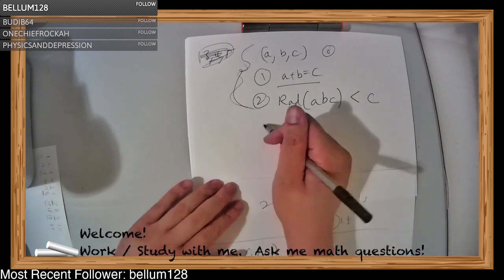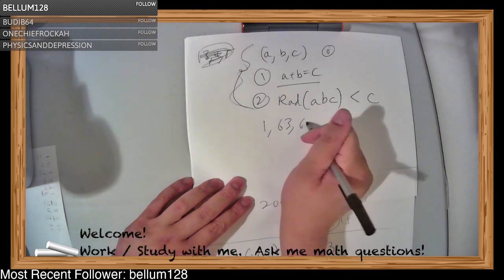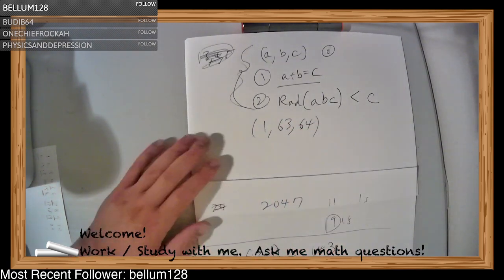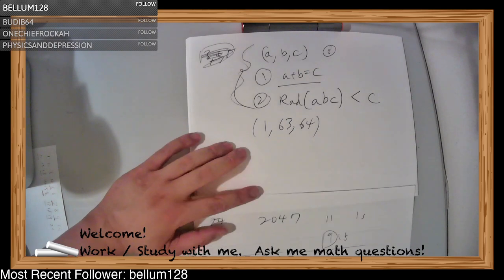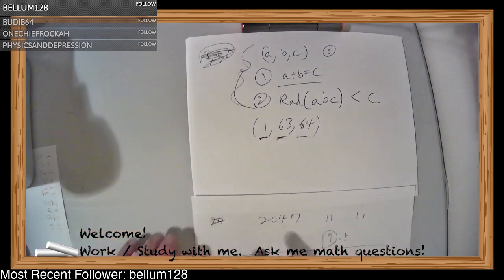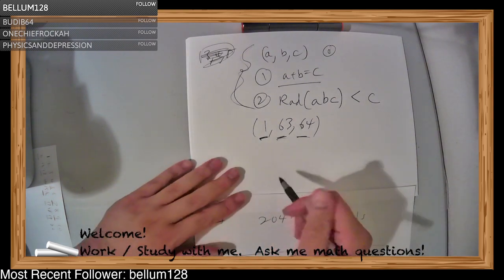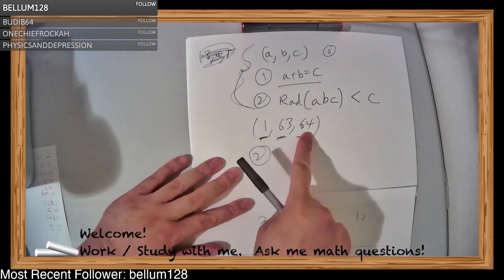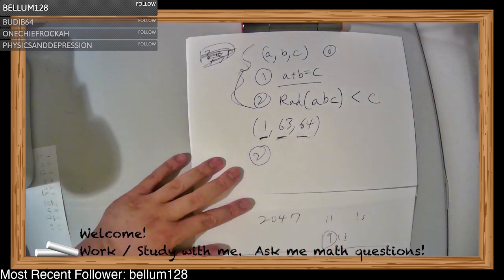Okay, 1, 63, 64. I hope this one works because it's been years since I've checked this stuff. So here's 1, 63, 64. We agree that 1 plus 63 is 64. That's not that bad. So requirement 2: the primes that go into these have to be multiplied together and be less than 64. Is that true?